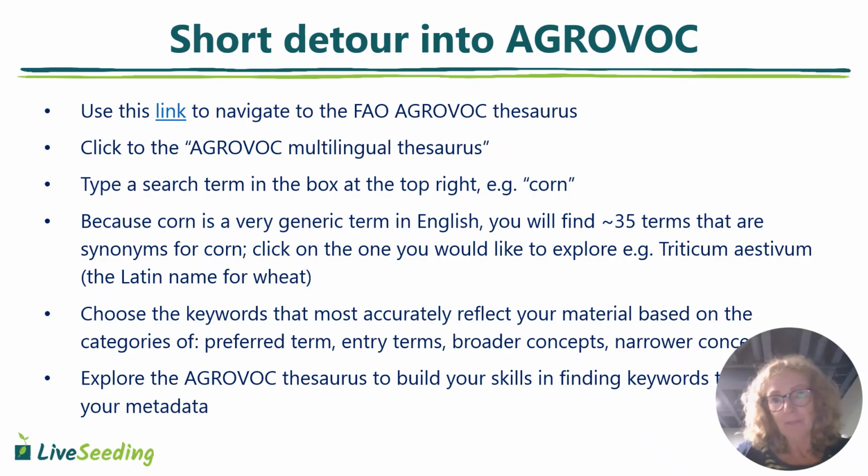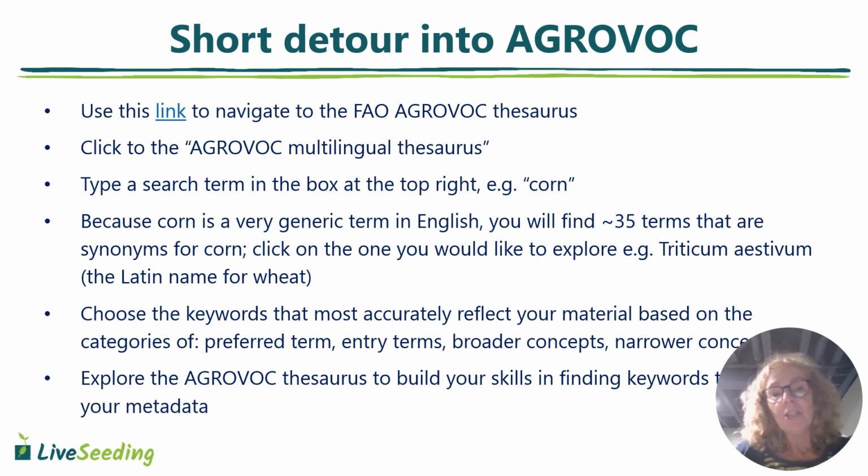And then, as an example, I suggest you put in the word corn, because corn is a word that has many different meanings in the world of crop science, right? In North America, where I'm from, corn is what Europeans refer to as maize. In Europe, corn sometimes means wheat, sometimes means barley. So it's a very generic term.